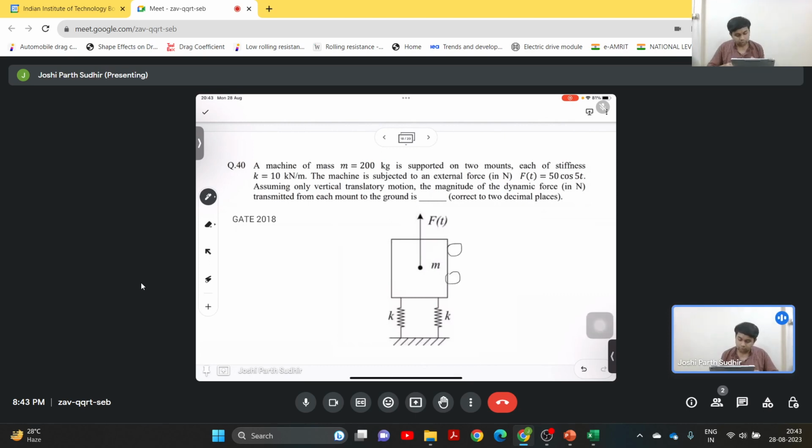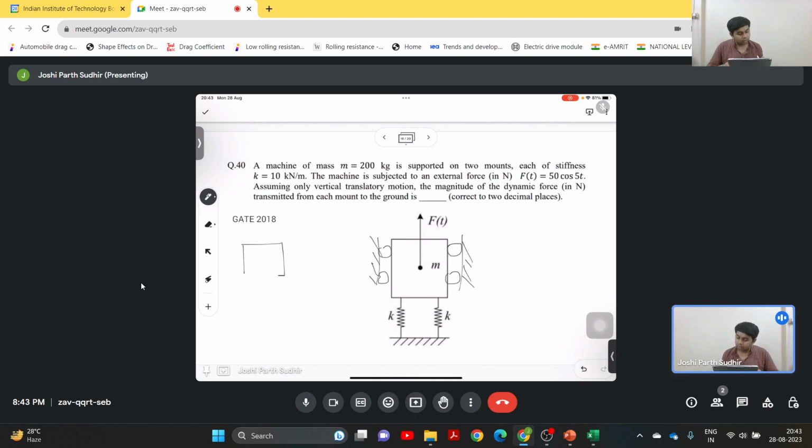So let us assume that there are some rollers which constrain the motion of this block along the vertical line. The magnitude of dynamic force transmitted from each mount to the ground is being asked. So what will be the force that is being transmitted to the ground?